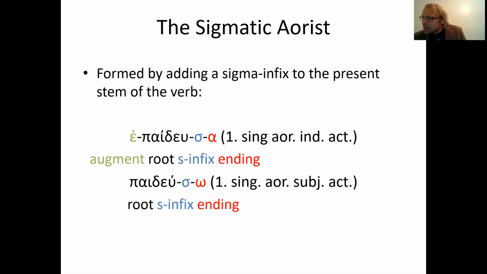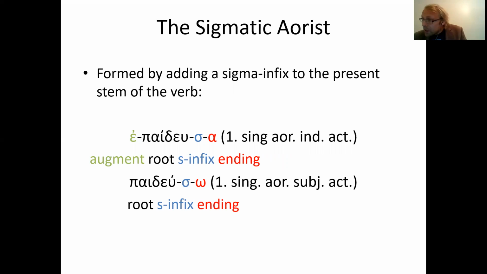In the Sigmatic Aorist, the aorist stem, just like the name suggests, is formed by adding a sigma infix to the present stem of the verb, exactly like in the future forms of thematic verbs. The sigma infix thus falls between the root and the ending of the verb, which ending is an alpha in the active indicative first person singular.